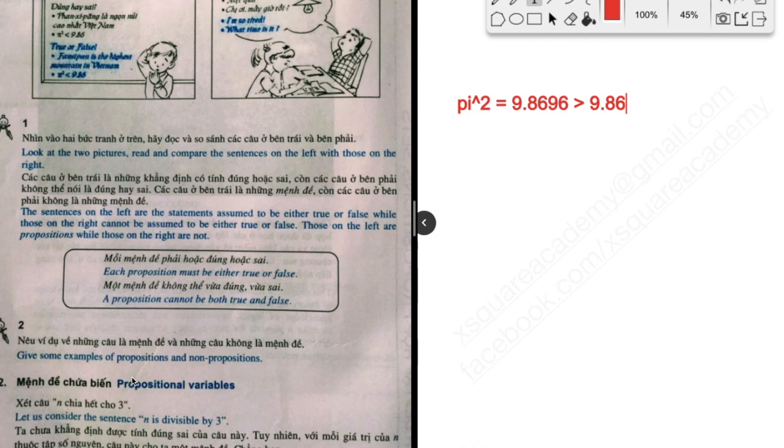And let's give some examples of propositions and non-propositions. You can see a lot of propositions in mathematics or in real life. For example, the sun is bigger than the earth.